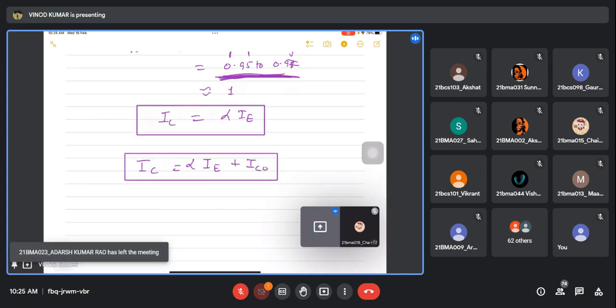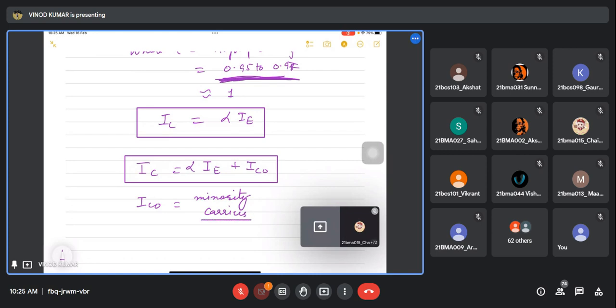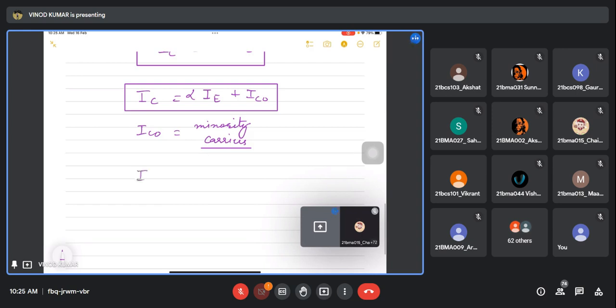We can neglect this ICO because ICO is the current because of minority carriers. Okay, or in a nutshell we can say IC is equal to IE plus IB. Sorry, it's the opposite.